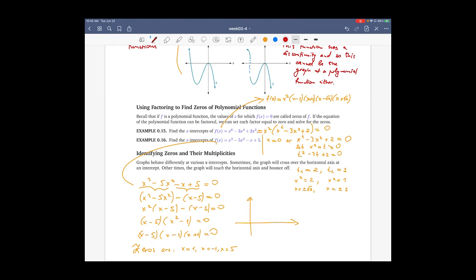The graph could cross over the x-axis, or the graph could touch the x-axis without crossing it. We will now investigate when either of these two situations happens for polynomial functions.